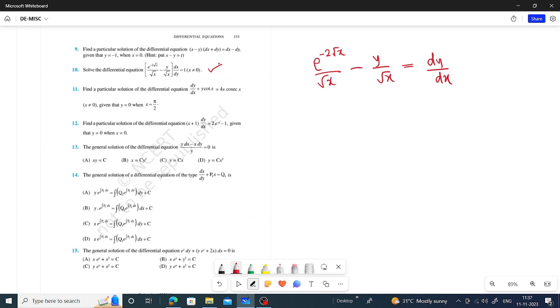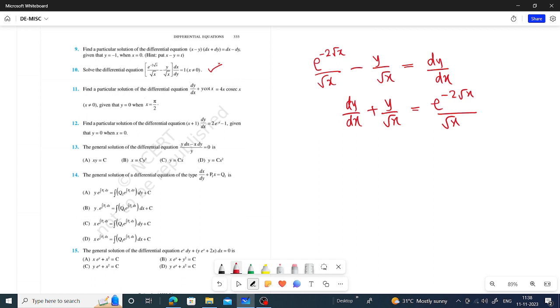Otherwise, dy by dx plus y by root x is equal to e raised to minus 2 root x by root x. Actually what we did is we have taken this minus y by root x to the right hand side.